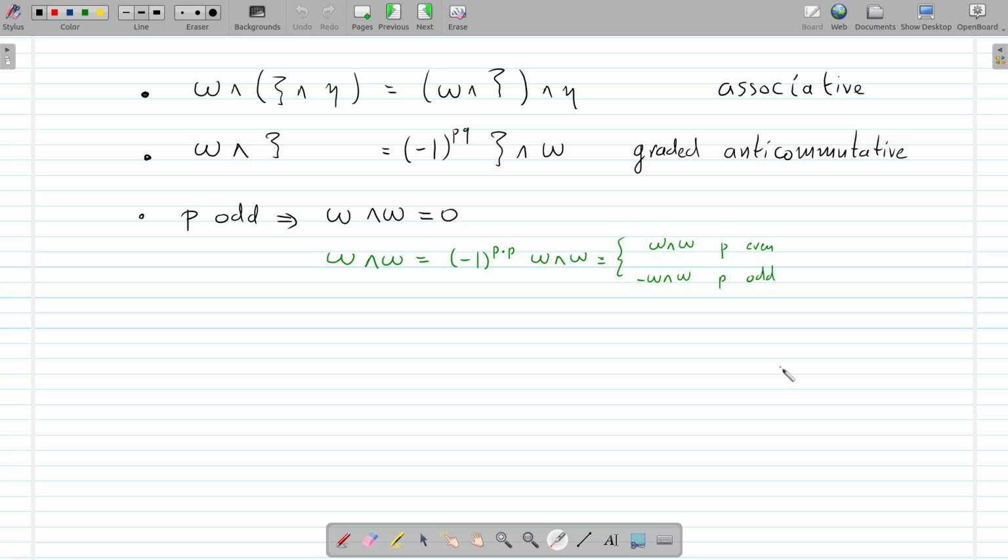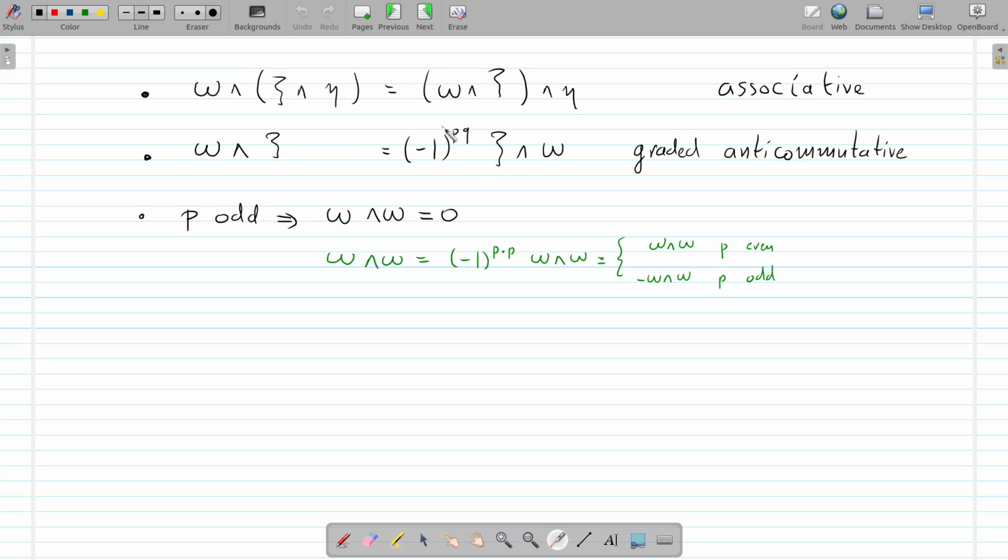The wedge product has also the funny property of being graded anti-commutative, as it is said in mathematics. Omega and xi is the same as xi multiplied by omega up to a sign, and the sign depends on the type of omega and xi.